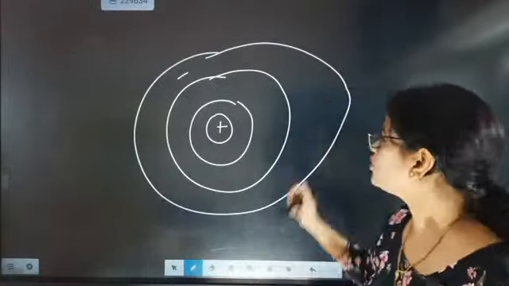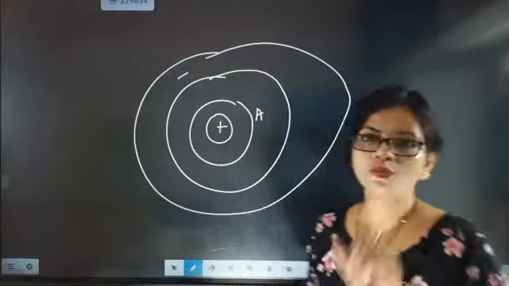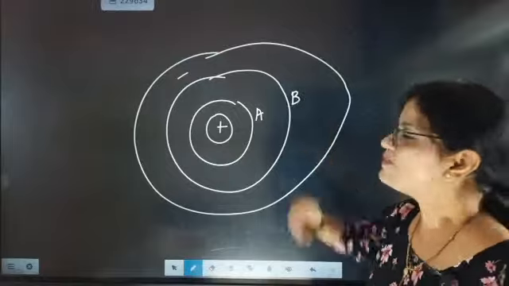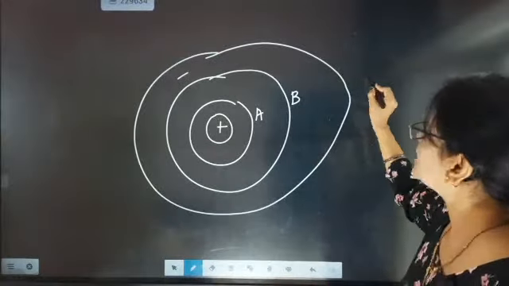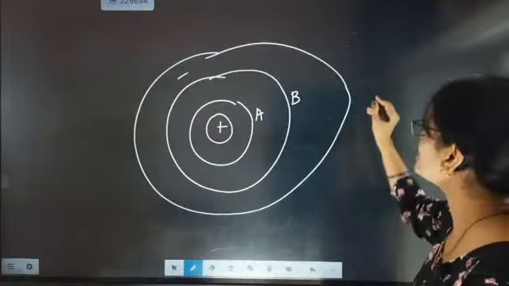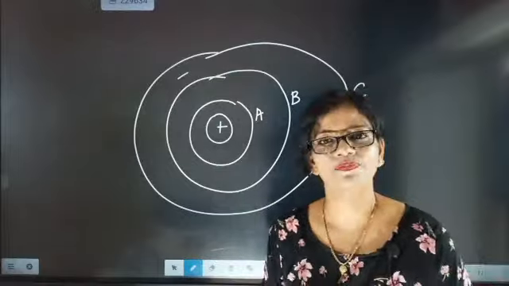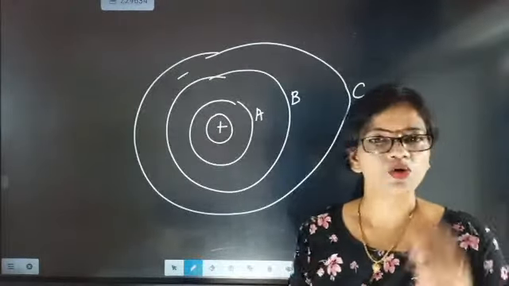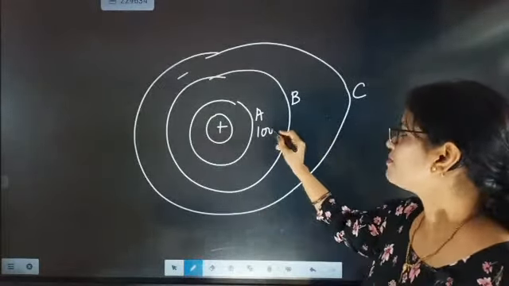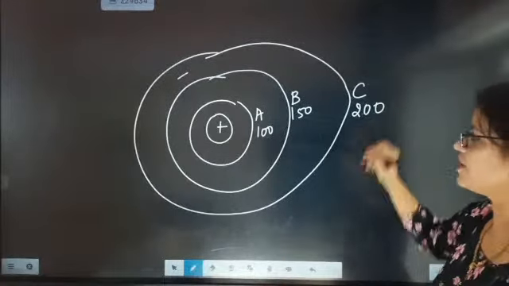You belong to family A, I belong to family B, and we take the name of Akshaya, who belongs to family C. So we three belong to three different families. Your pocket money is 100, my pocket money is 150, and Akshaya's pocket money is 200.